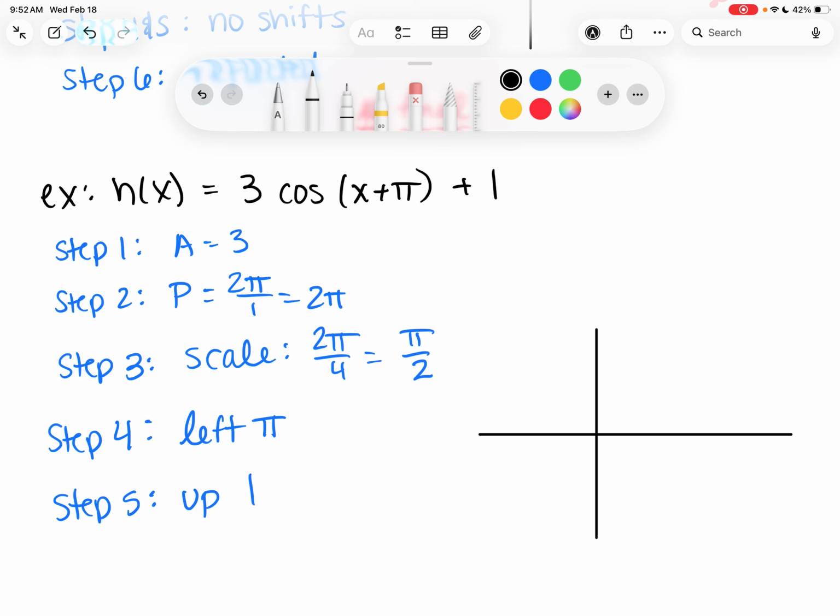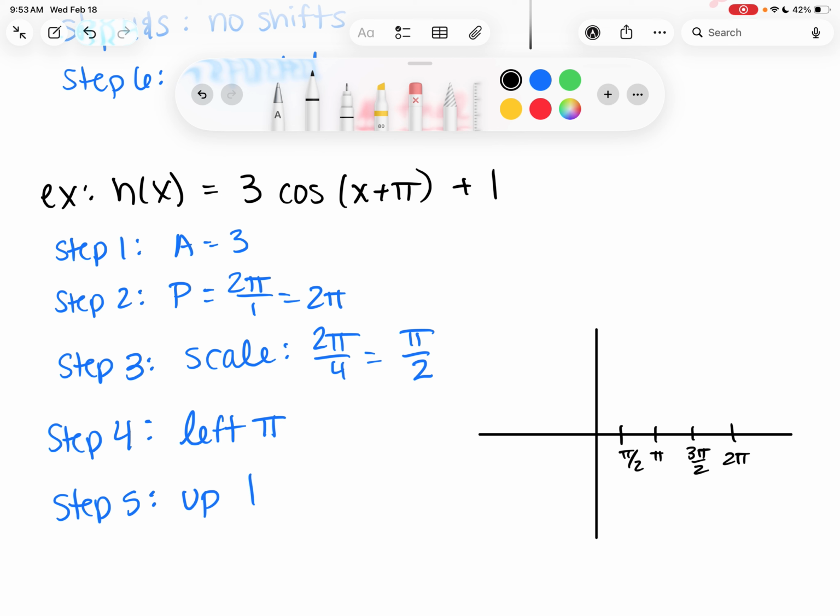Alright, so I'm going to write out my scale here. Now, I see that I'm going left pi, so that means I'm also going to need to put some markings over here this time. It's also being shifted up, so that means I'm going to add some extra marks here. So, over here, pi over 2, pi, 3 pi over 2, and 2 pi. These are like your normal markings on your parent function.